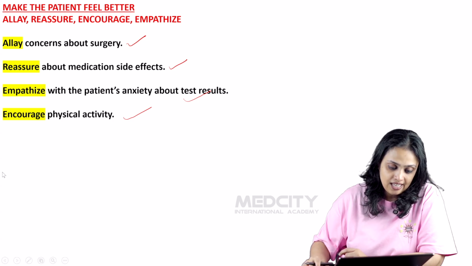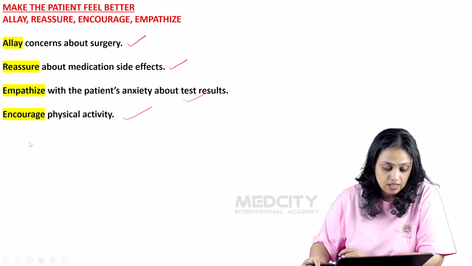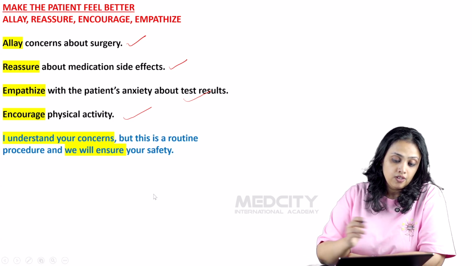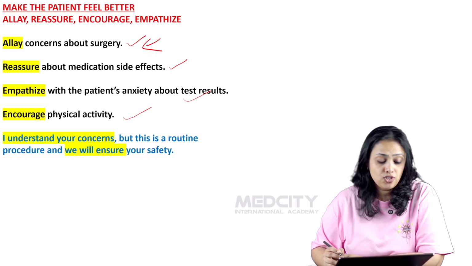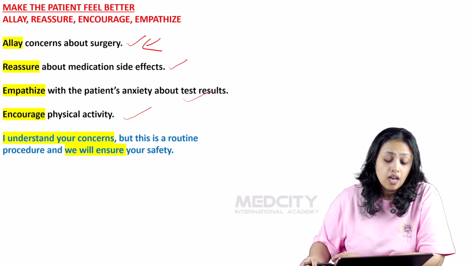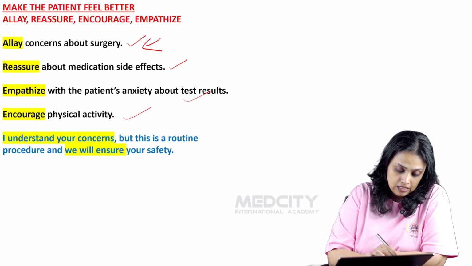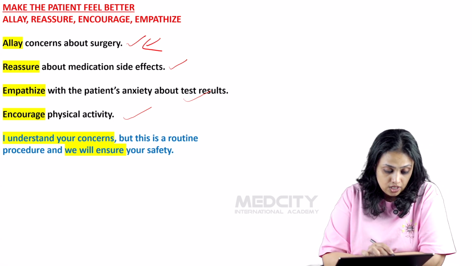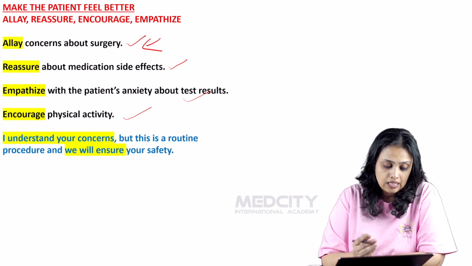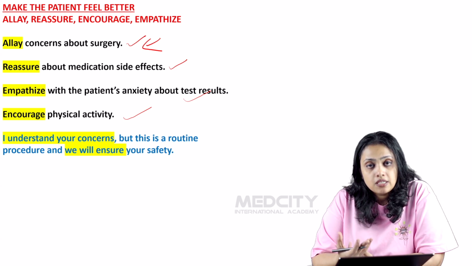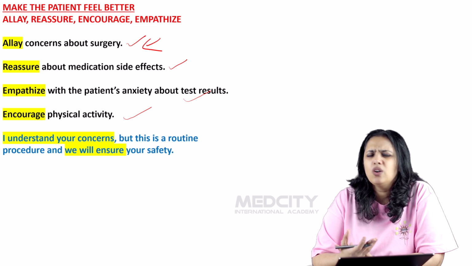Now, let's see how we can make sentences out of these. For the first one, allay concerns about surgery, we can say, "I understand your concerns, but this is a routine procedure and we will ensure your safety." So here, when the patient expresses his worry, you should not say, "Oh, there's nothing to worry."